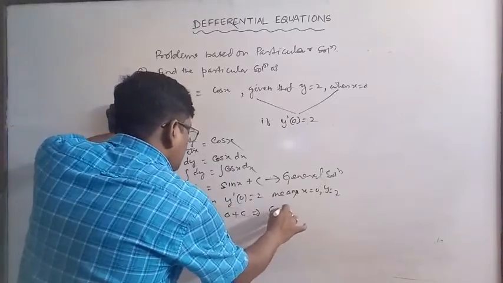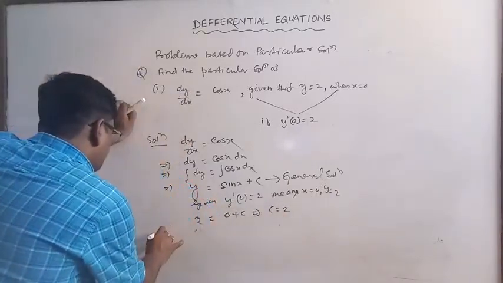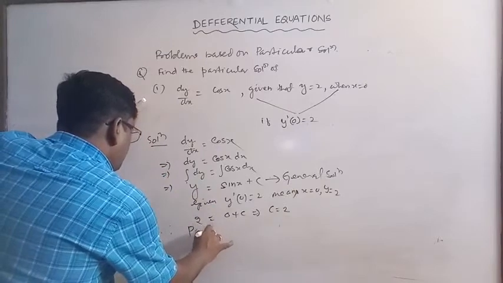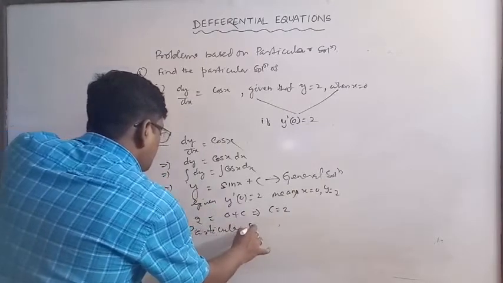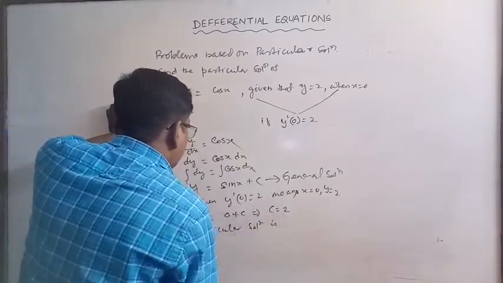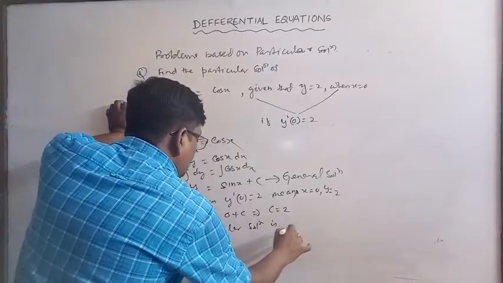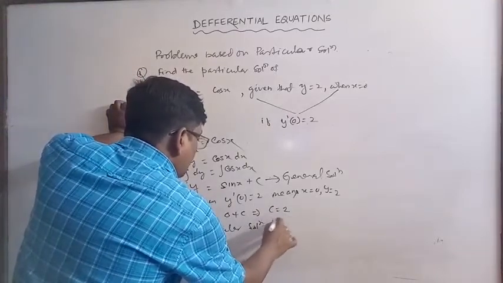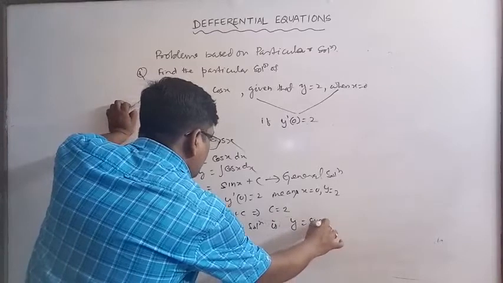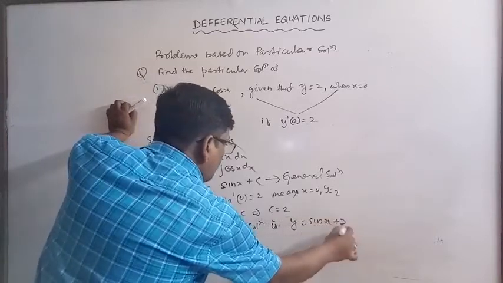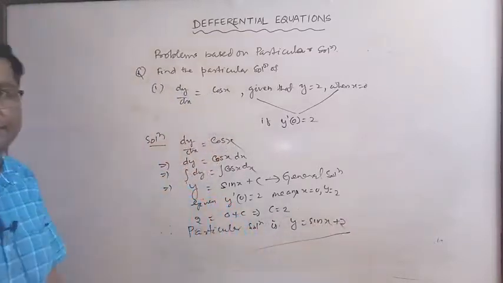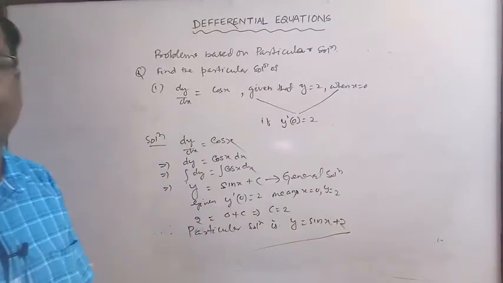So c is equal to 2. Therefore the particular solution is y is equal to sin x plus 2. This is the particular solution.